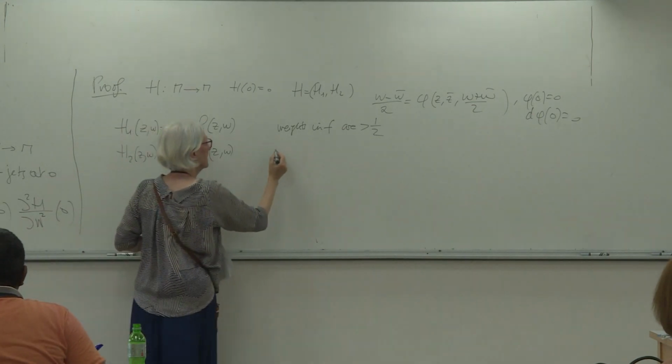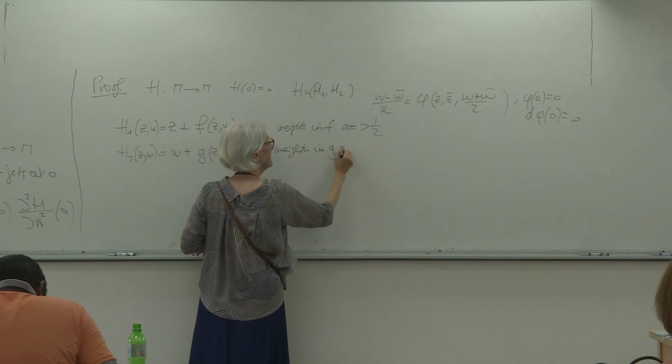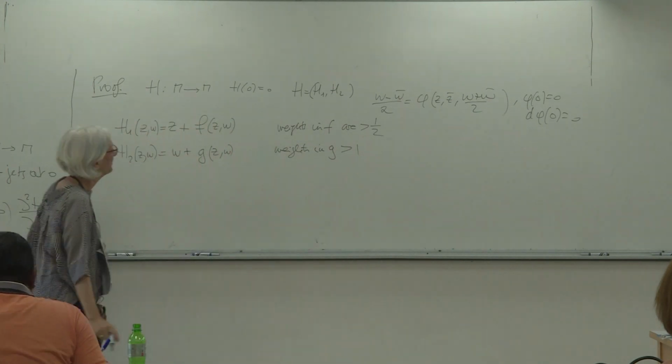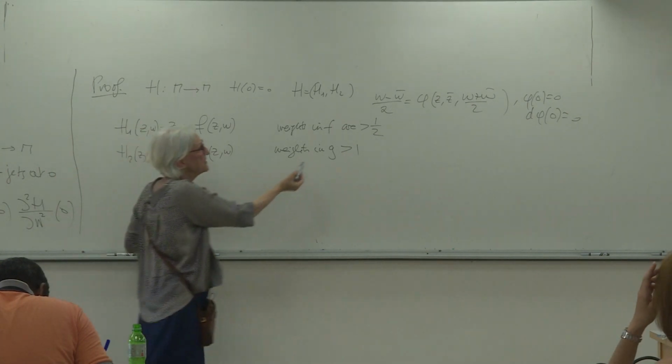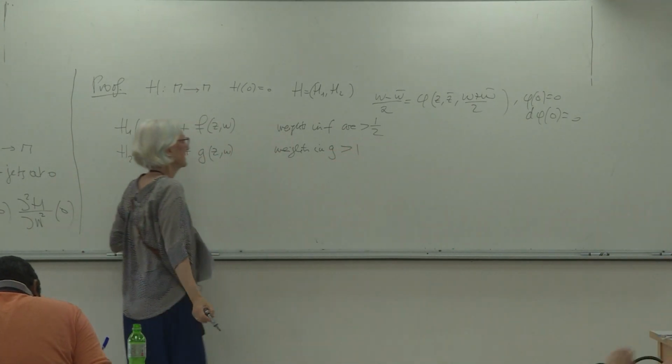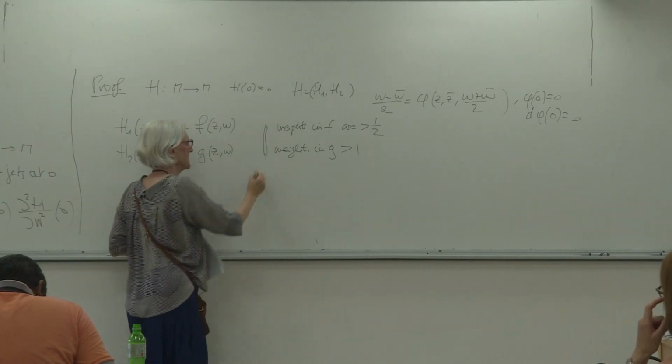And weights in G are bigger than 1. And there is no Z square either, but it's not very hard to see that.